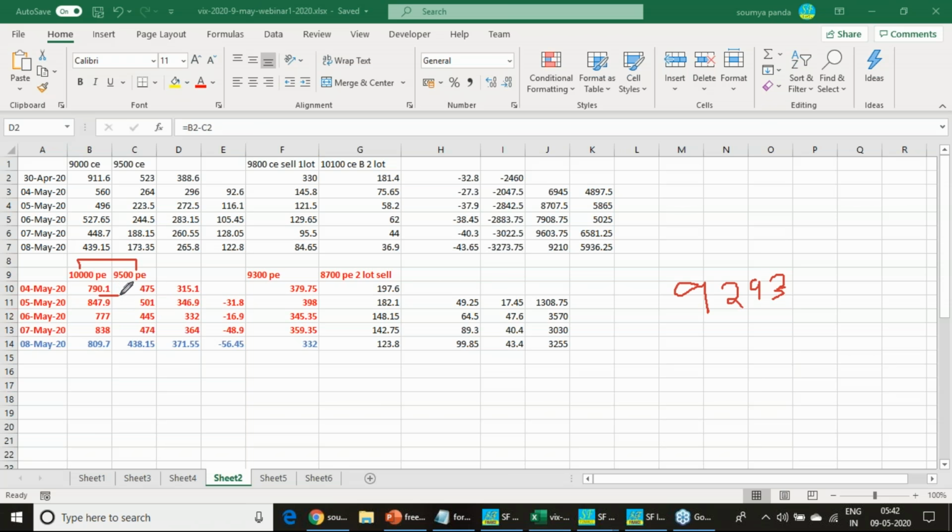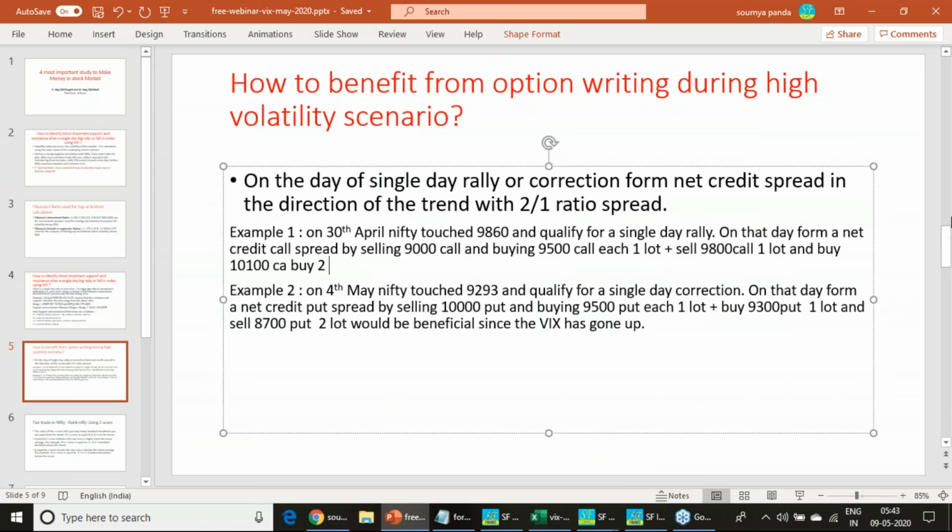If I qualify this: 500 points, 75%, I require a minimum of 350 rupees, but I am getting 315 rupees, which is less. Here too, if I buy this 9,300 and 9,700, this is not coinciding with my idea. So what do we have to do? In this particular situation, the spread is the same on the second day, 4th May.